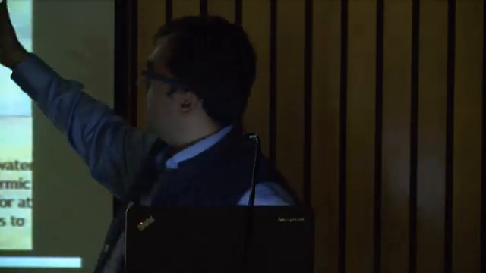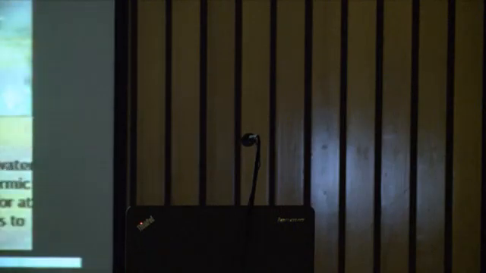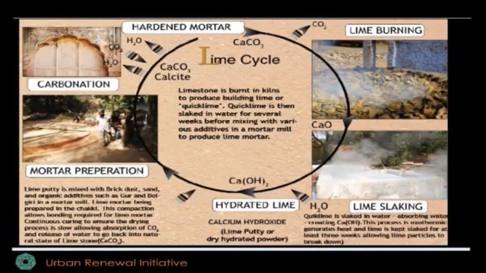Because you take CaCO3, which is limestone, and you burn it in a kiln, bhatti mein, and what happens is that the carbon dioxide is let out. Now this is very important, we've got this up at Humayun's tomb, and this is very important for conservation. And once the carbon dioxide is let out, you're left with calcium oxide.